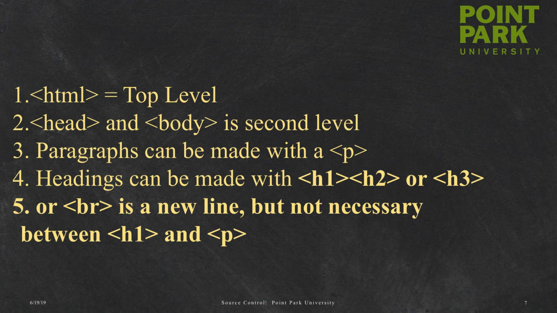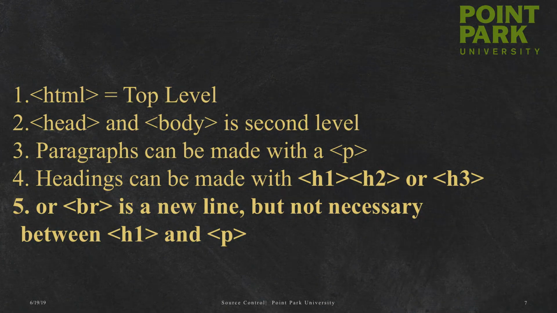LeBron James had a dunk or a triple double, something along those lines. Your headings are H1, H2, H3. Those are typical headings that you would see in Microsoft Word, Excel, and so forth. Your BR is a break line. It's a way to separate the spaces between, say, a heading and a paragraph.